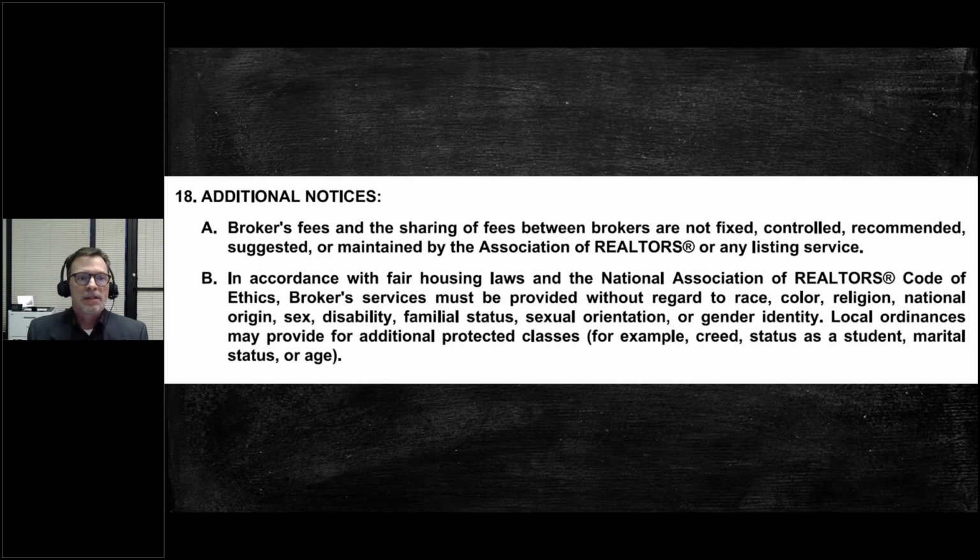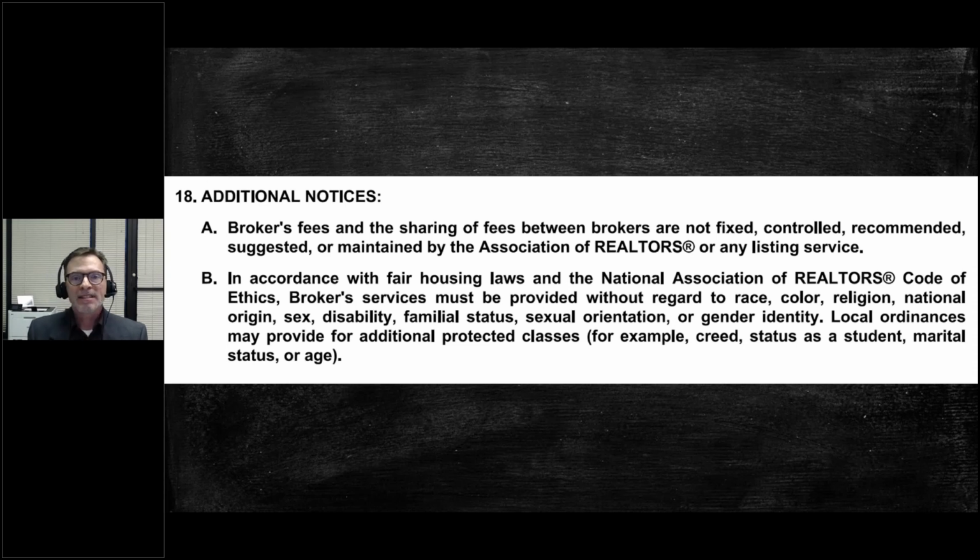B, this is the fair housing statement. In accordance with the fair housing laws and National Association of Realtors Code of Ethics, broker services must be provided without regard to race, color, religion, national origin, sex, disability, familial status, sexual orientation, or gender identity. Those are the ones that we are all familiar with. But it goes on to point out local ordinances may provide for additional protected classes, and they give some examples.